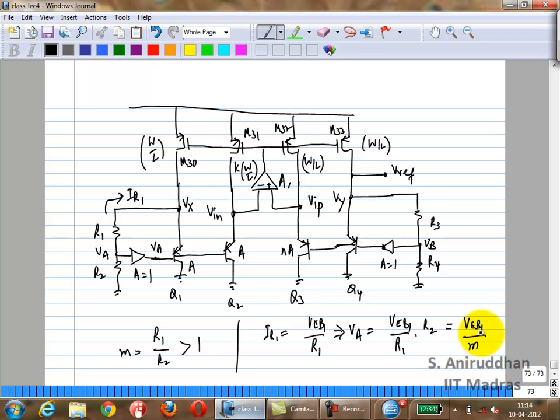Okay, so this is VEB1 by M. So this is your, first of all, a fractional multiple of VEB. Okay, that is the first portion you want to generate.